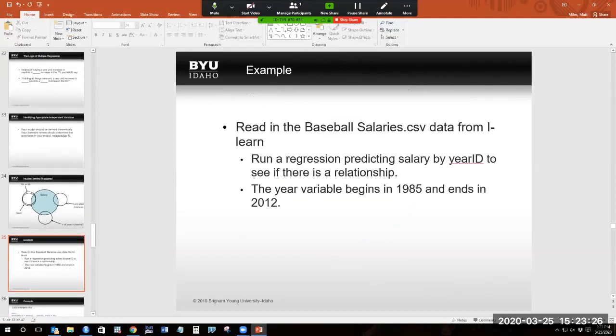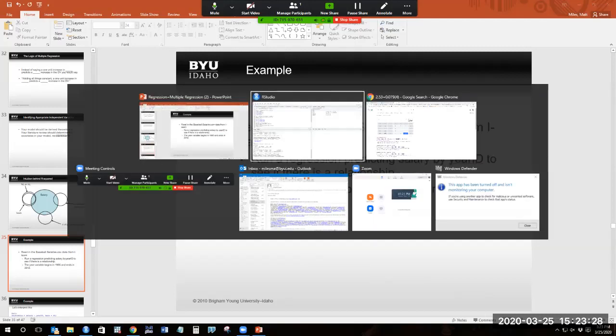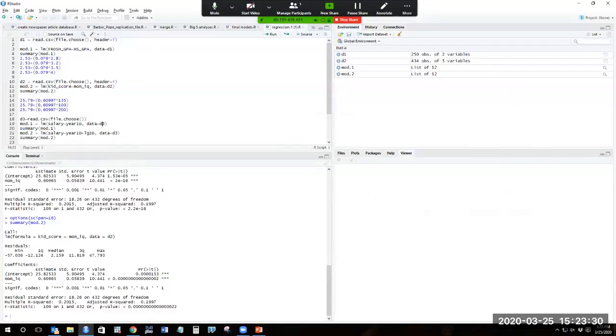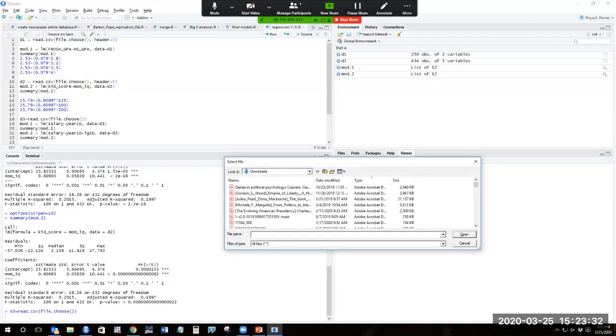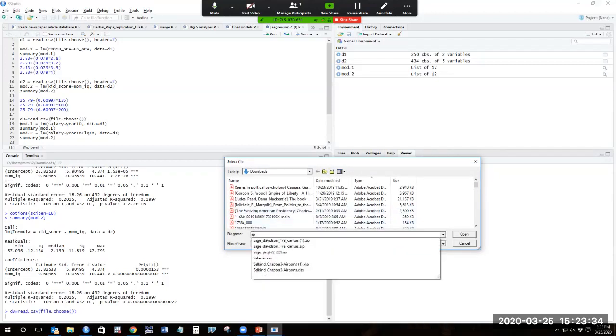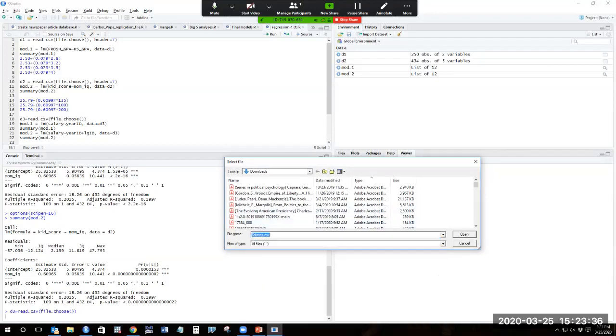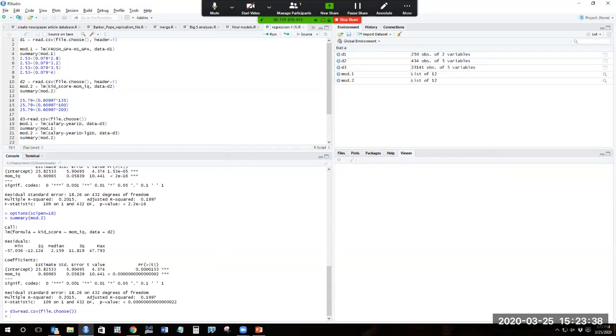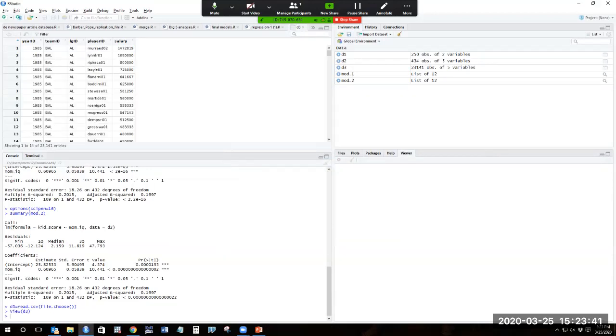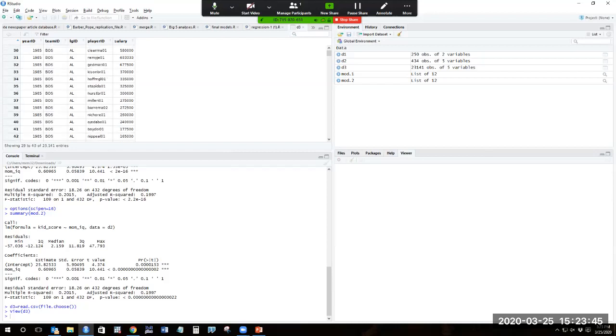All right, so what we want to do is read in that salaries data set. We'll call it D3, and I think it's called salaries. Yep. As you see in this data set, there's really just two numbers: the year and the salary. For the 1985 Boston, this dude made 240 grand.